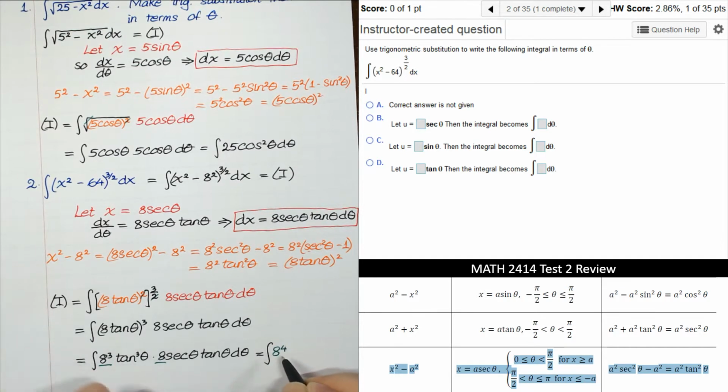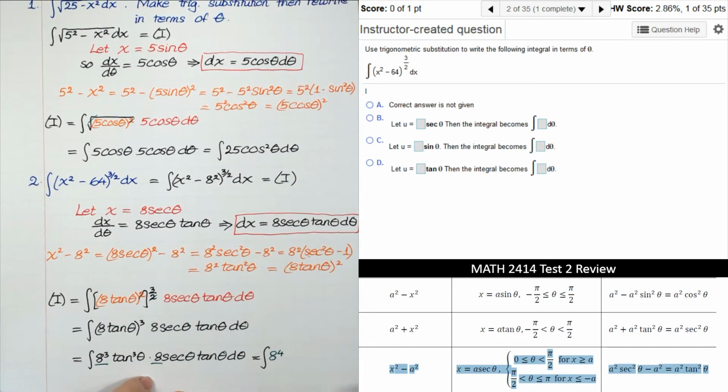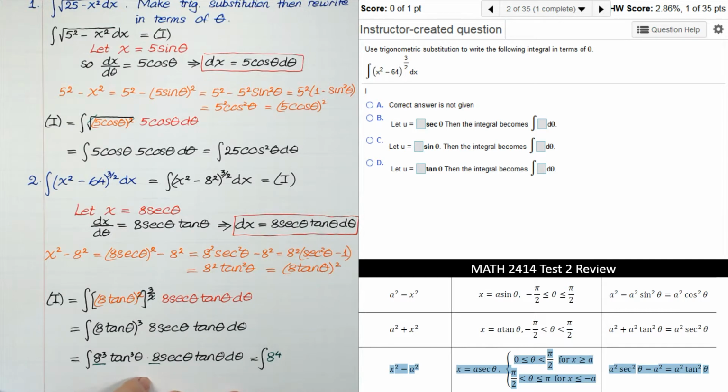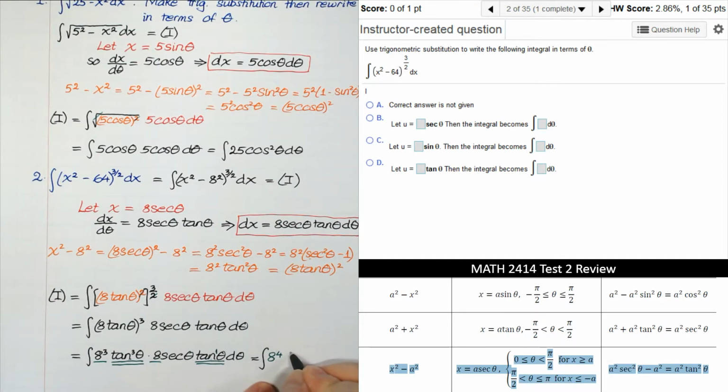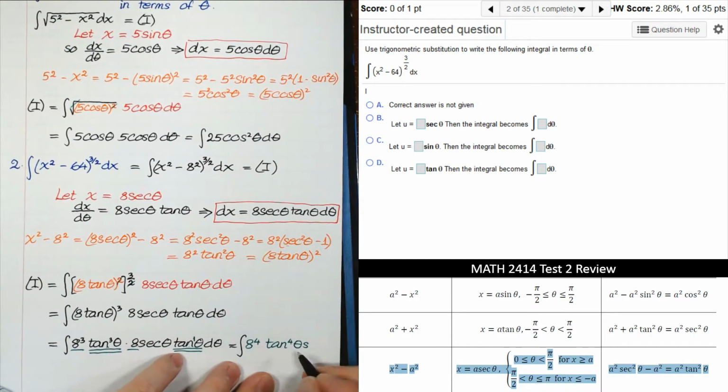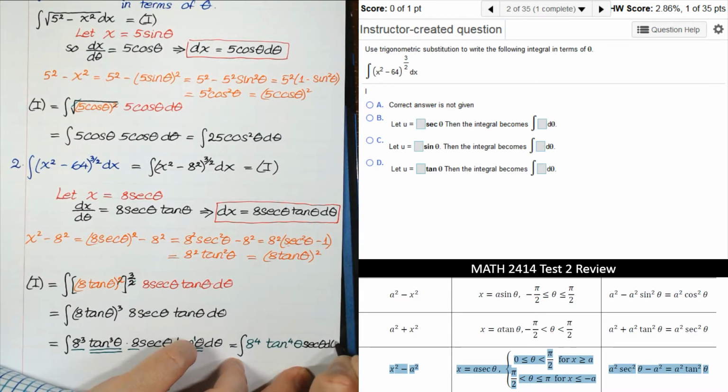We can get the answer with 8 to the 4th, but like I said, MATLAB will take the equivalent answer. We have tangent cubed and the tangent here to the first power, so that will be tangent to the 4th power theta, and then secant theta d theta.